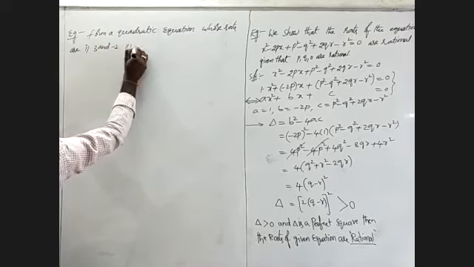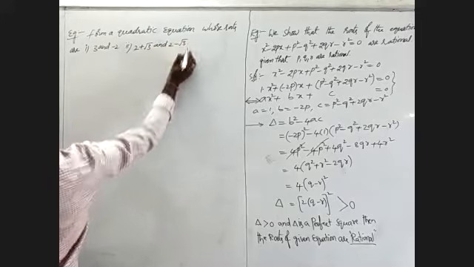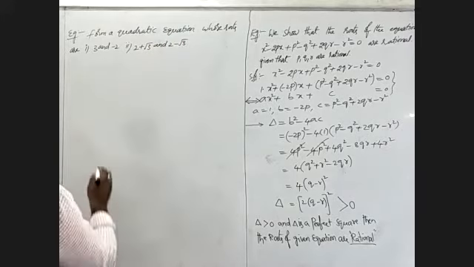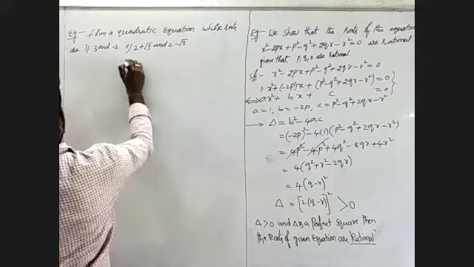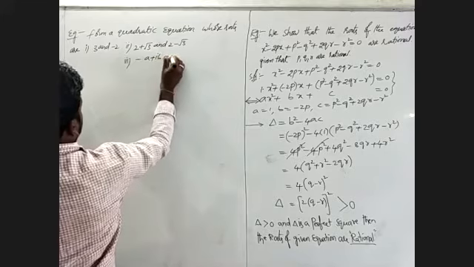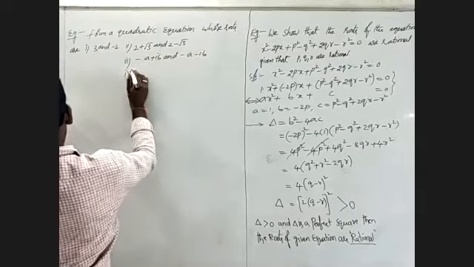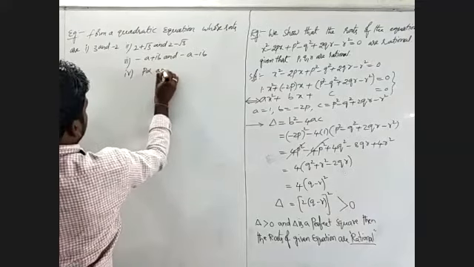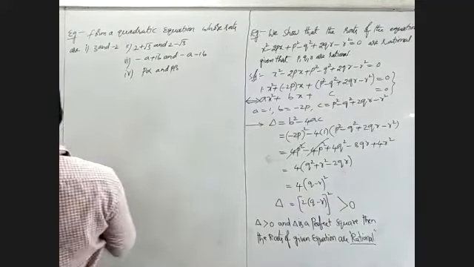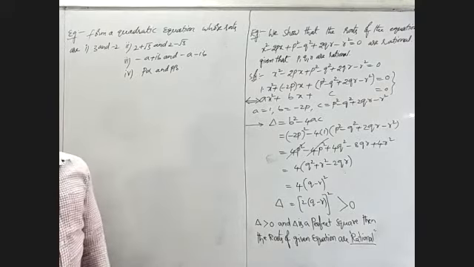Second one is 2 plus root 3 and 2 minus root 3. And the third one is minus a plus ib and minus a minus ib. The fourth one is p alpha and p beta. Okay, observe. Form a quadratic equation whose roots are given.